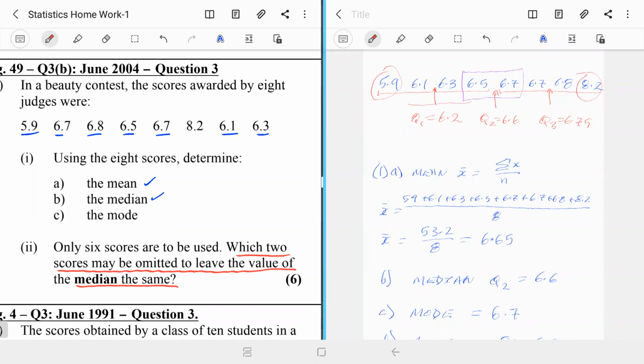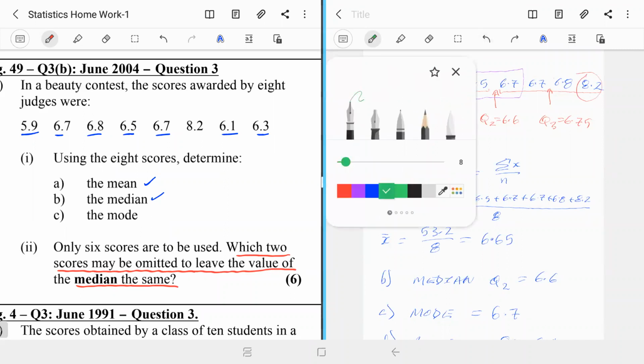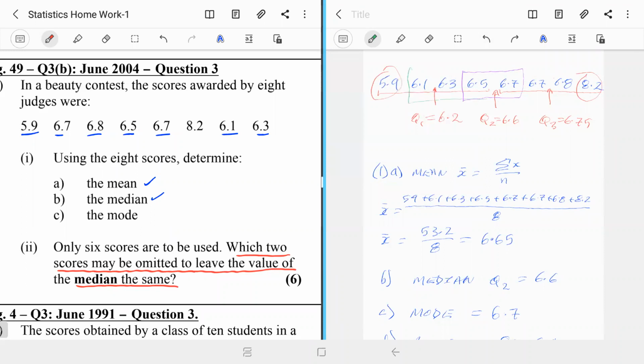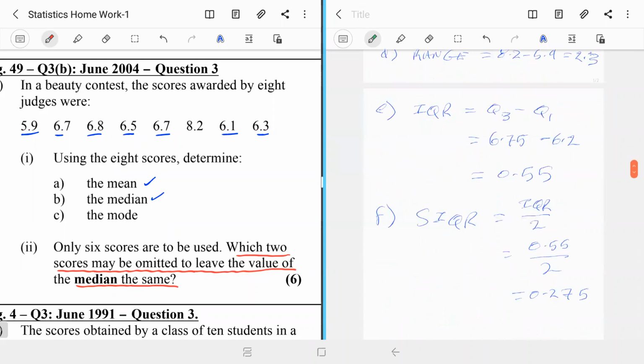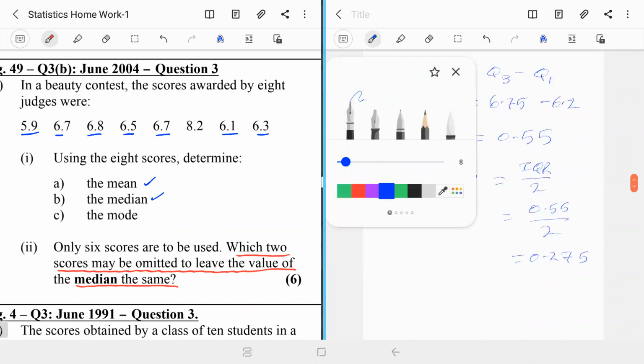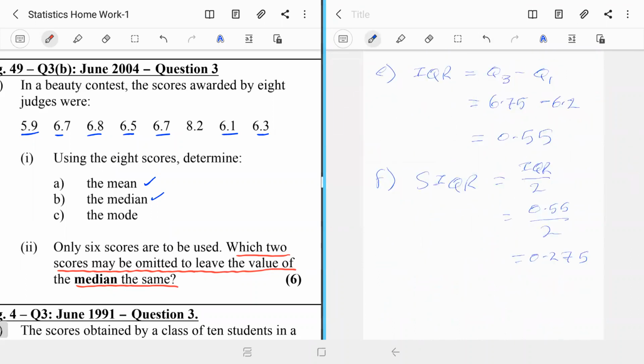So that when you have these 6 values left, put them in green. When you have these 6 values left, the median will still be the average of the 2 middle ones in there. So we can remove the 5.9 and the 8.2. So the answer for part 2, most persons I think would say 5.9 and the 8.2.